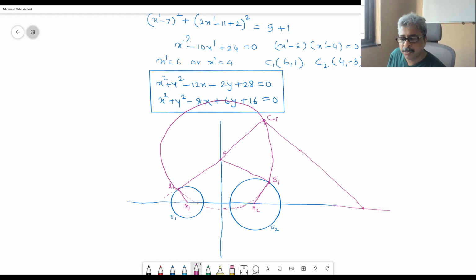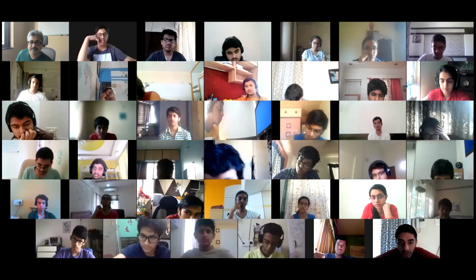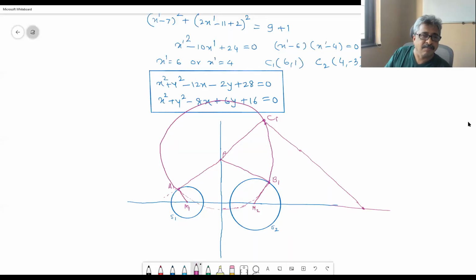Now, if you take this much as a radius and construct another circle, you will get a circle like this.